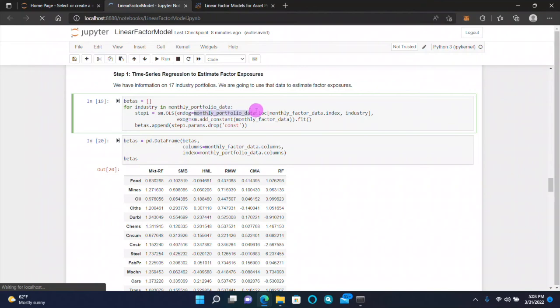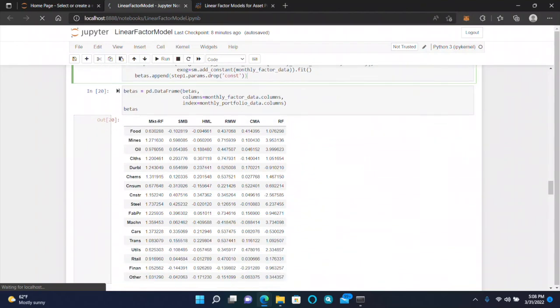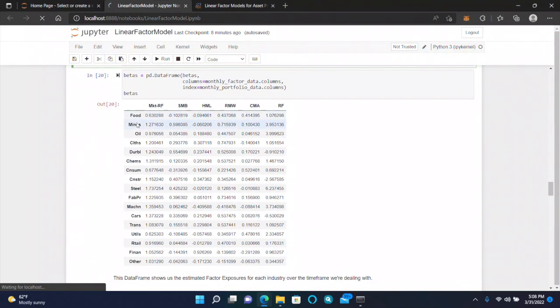And then our Y variable is the monthly return by industry. And we're going to drop the intercept from the final one. Now, as you can see, each of our 17 industries had these betas.